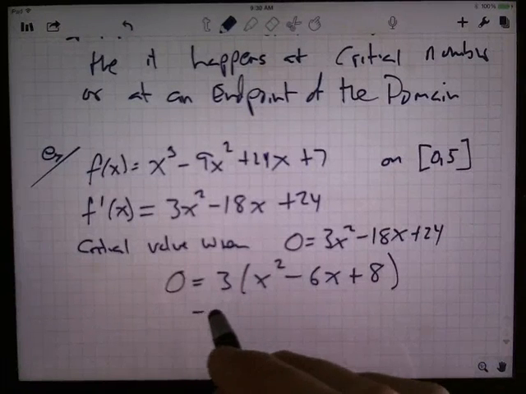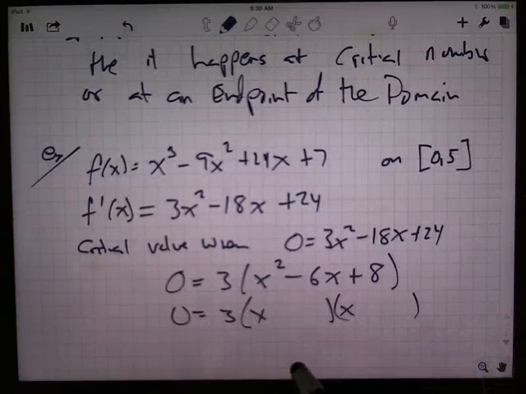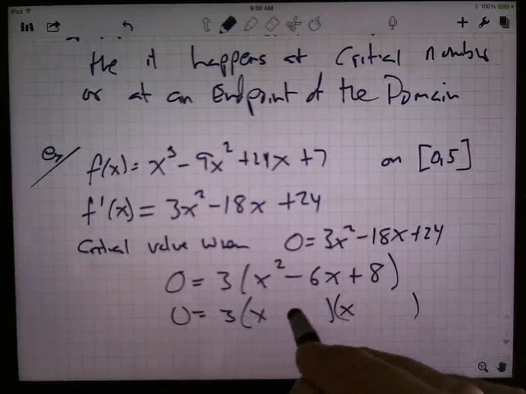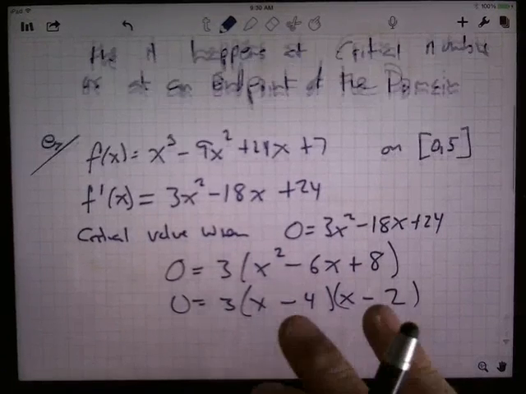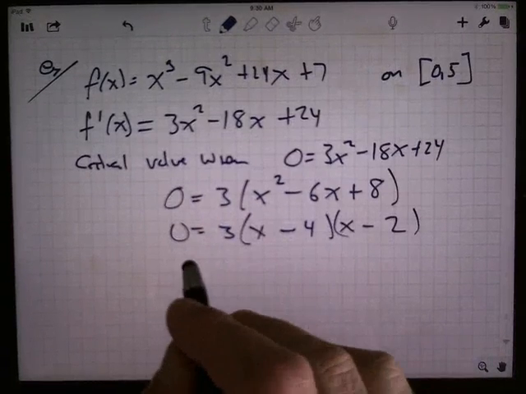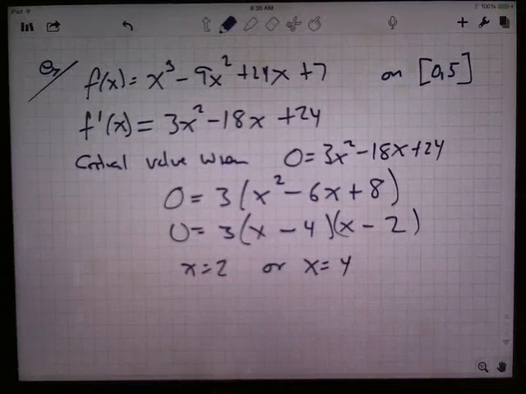And then I've got 0 equals 3 times, and I think this factors into x minus 4 and x minus 2. Yeah. So x equals 2 or x equals 4.